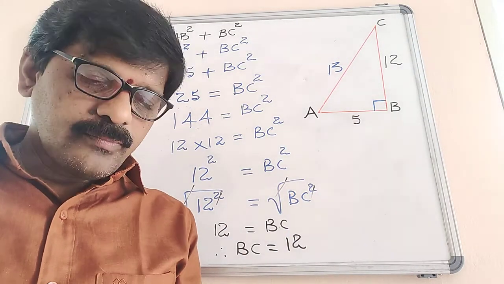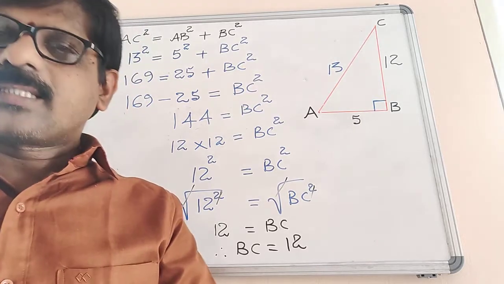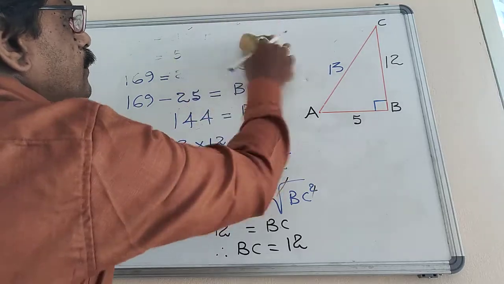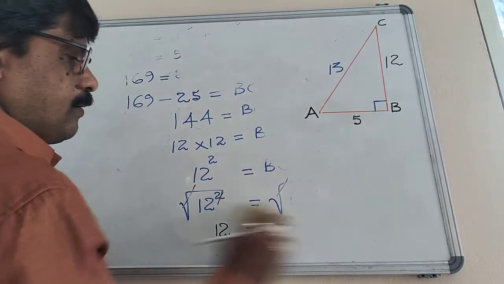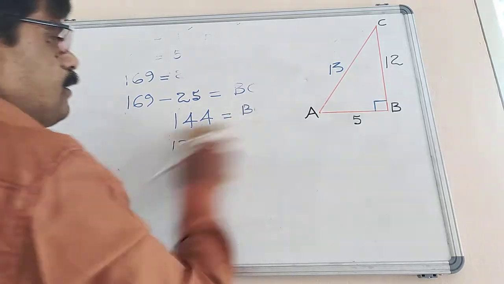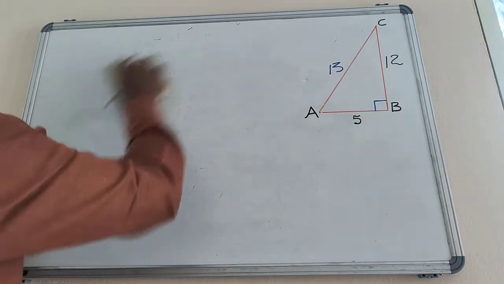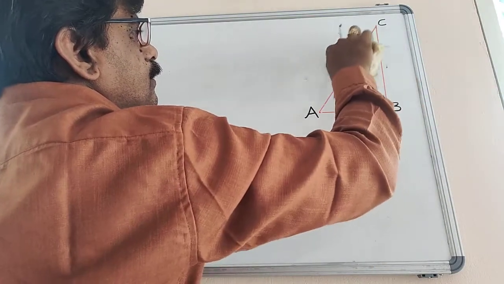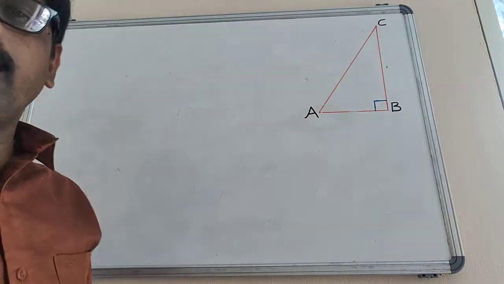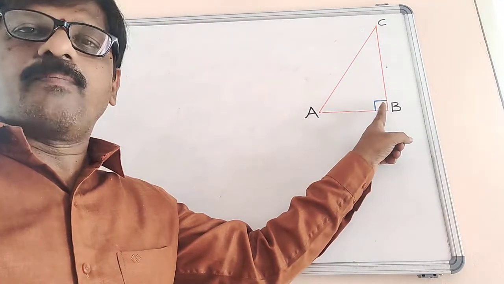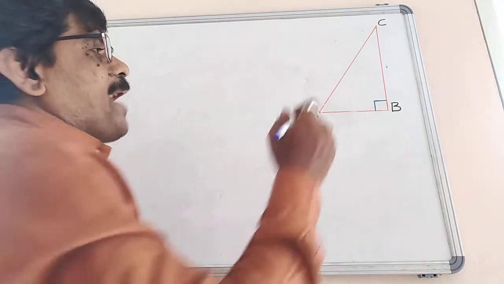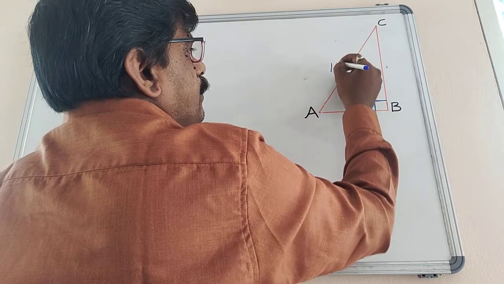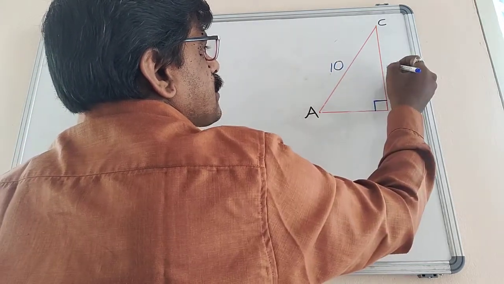Clear all of you? In the same way, for example, in triangle ABC, right angle at B, the hypotenuse is given to be 10, and this side is 8.